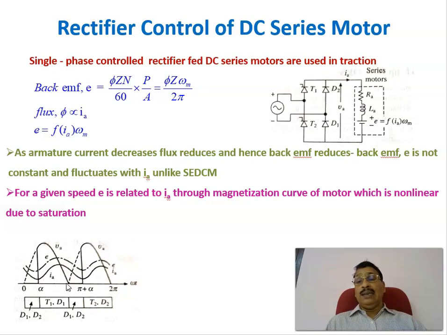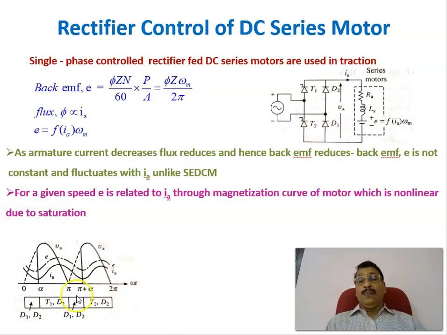During alpha to pi, the devices T1 and D1 are conducting. And at pi, the input voltage polarity reverses, and the diode D2 starts to conduct. Since D2 starts to conduct, there is a reverse voltage across T1, and it gets turned off.